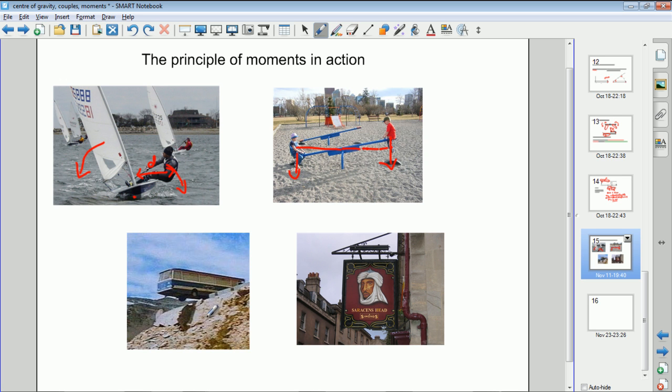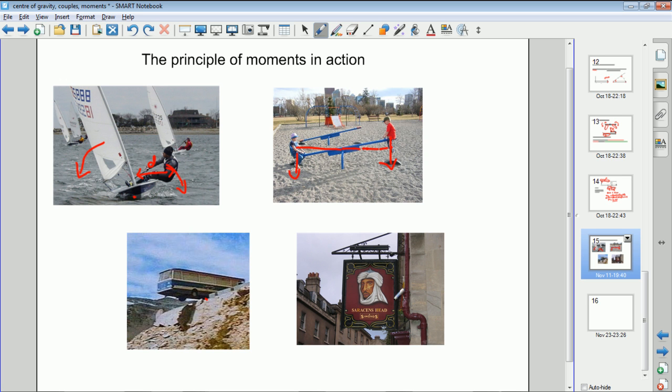This one down here is the final scene from one of my favourite films, The Italian Job, where, and this is a classic physics in action at the end of this film, with the gold inside the coach and the way it's just pivoted right on the edge of the cliff, and the guys inside are trying to save the gold.